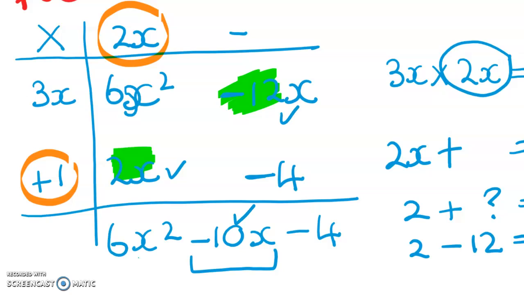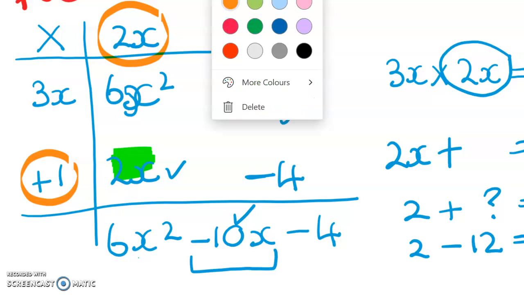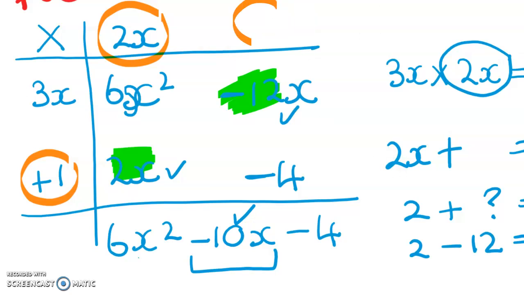So I know that's right. All I've left, lads, is this missing bit up here. Look, this is the other part of the factor. So I'm going to circle this in orange up here. Okay, so now let's go backwards. The 3x on the left-hand side multiplied by what will give you minus 12x? It's 3x multiplied by minus 4x.